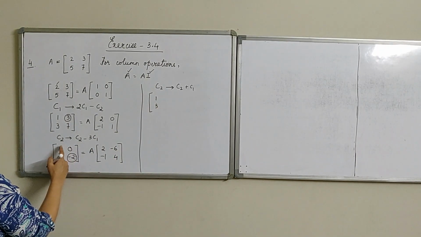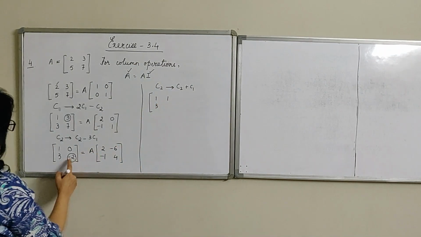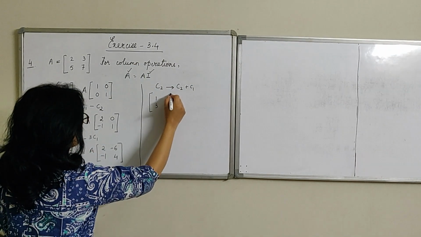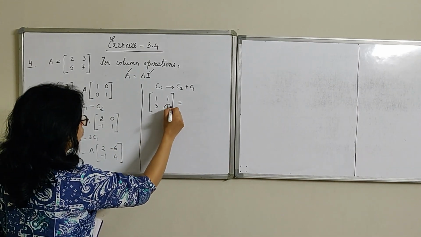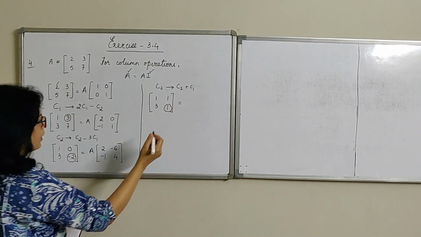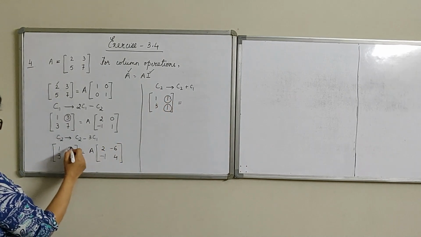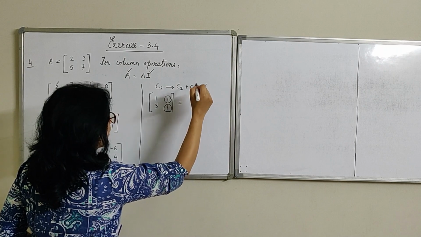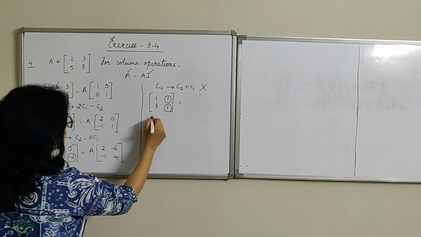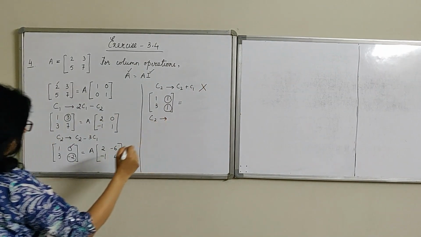Second column, this plus this, 1, this plus this, 1. So if we just stop here and see, desired 1 has been obtained, but the initially obtained 0 has changed. So this operation is not valid here. Think of something else. What is the other thing we can think of?